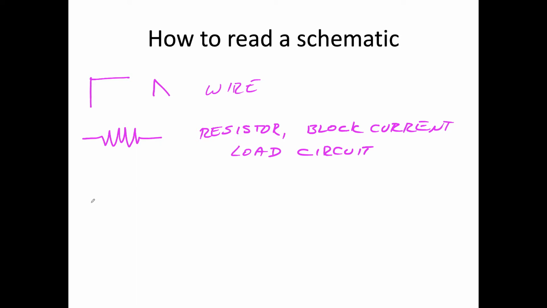Now, if we have this resistor in a circle, that's a light bulb. And sometimes we also see it as two circles inside of each other.